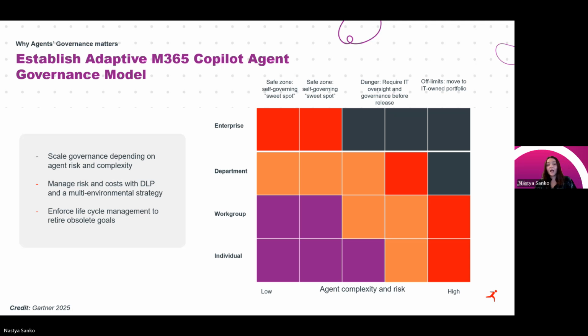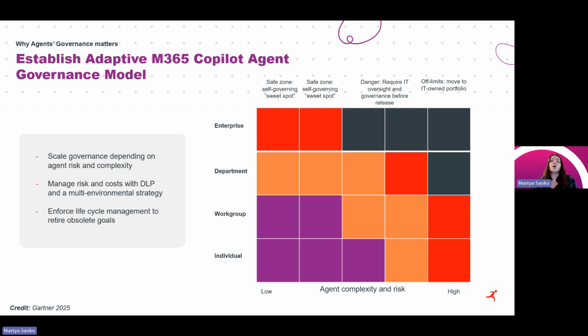And the way I like to think of it is that your governance model should be adaptive, because you're going to have some really low complexity, low risk Q&A agents that are only used for personal productivity or for very small teams. But then on the other side of the spectrum, you might have some complex enterprise level agents that are accessing loads of sensitive data and handling loads of business critical processes.